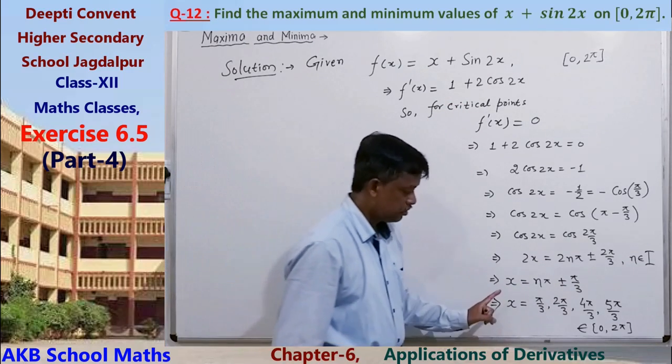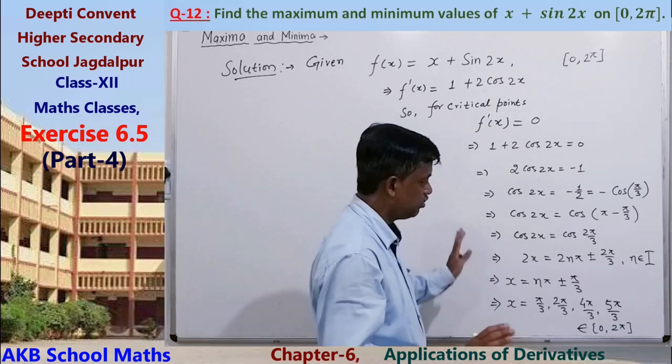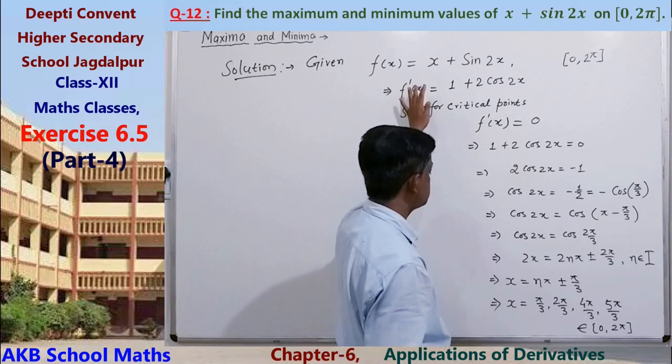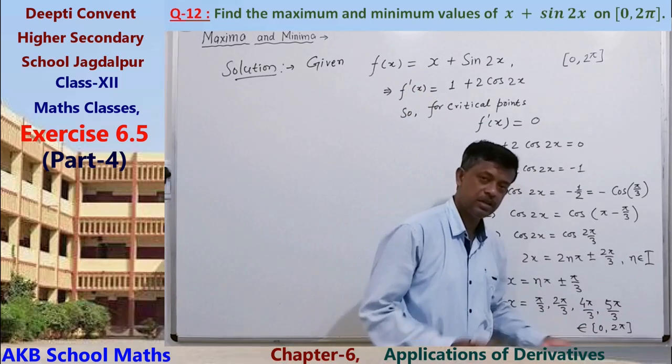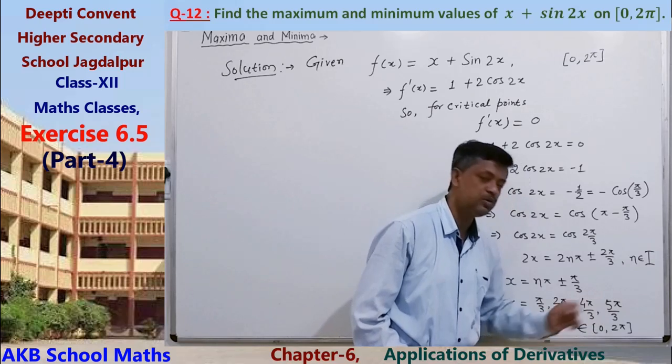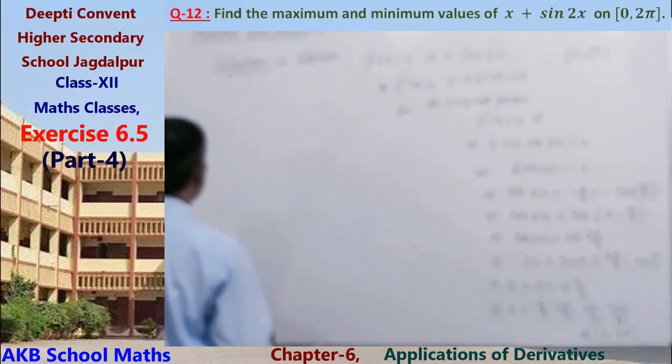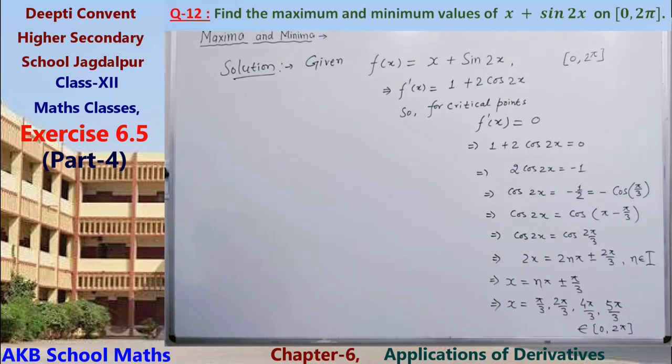Okay, so we have to find the values of the function at these 4 points and also at the endpoints 0 and 2 pi. Then we can decide the maximum and minimum value.